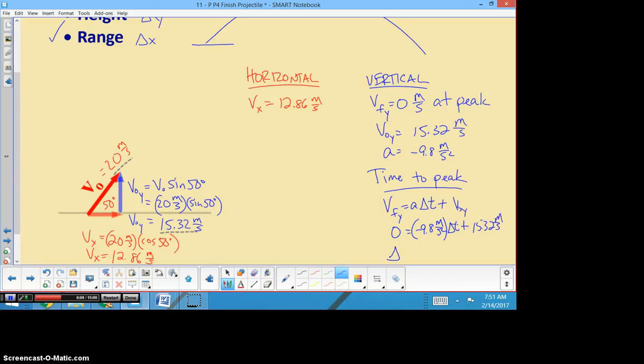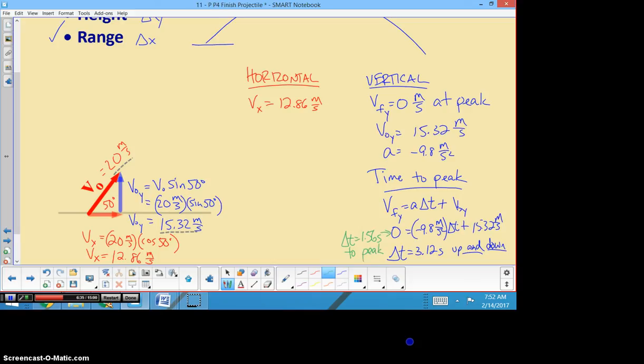When we do this, we get a delta T of 3.12 seconds up and down. What you'll notice is if you actually solve for delta T, you get delta T to equal 1.56 seconds in this equation. That is to the peak.